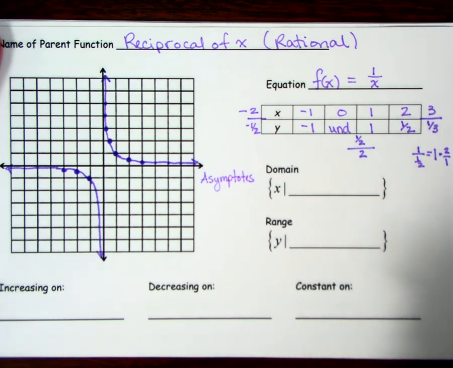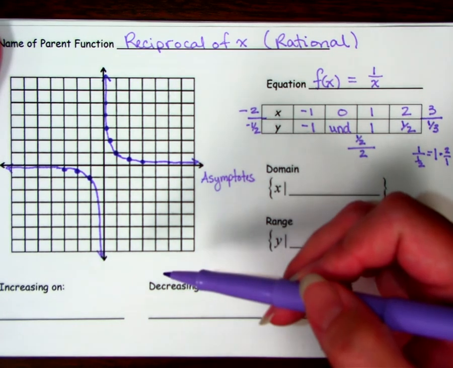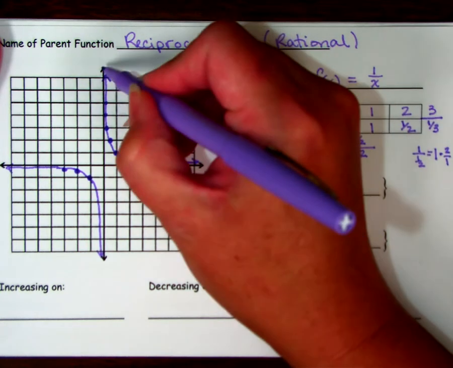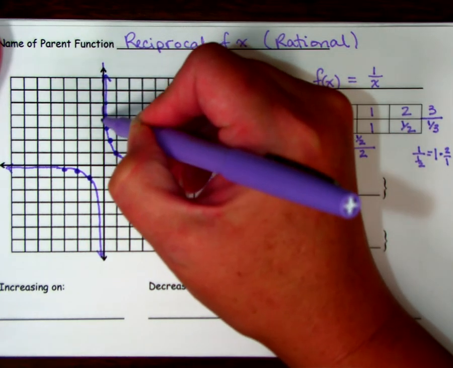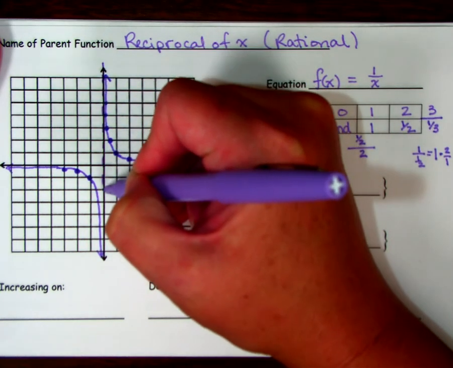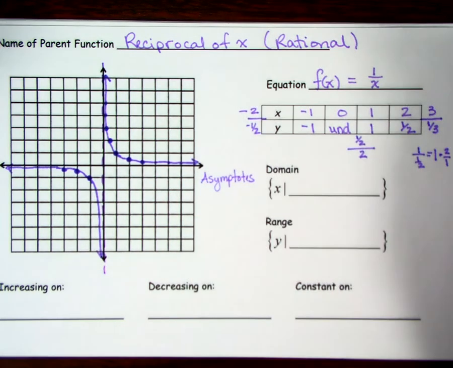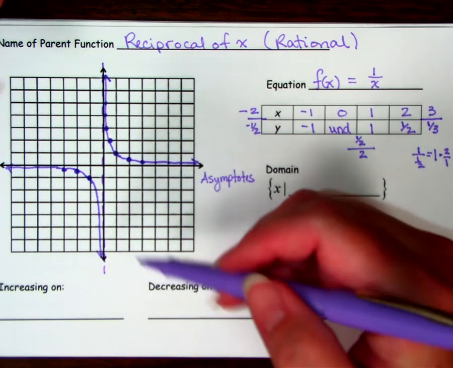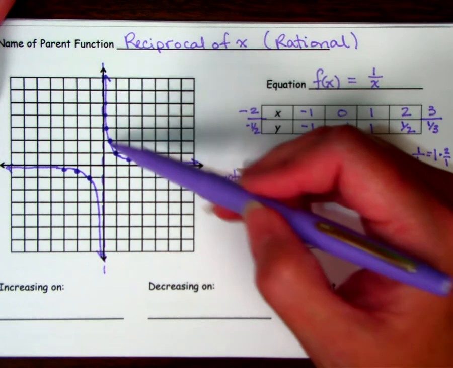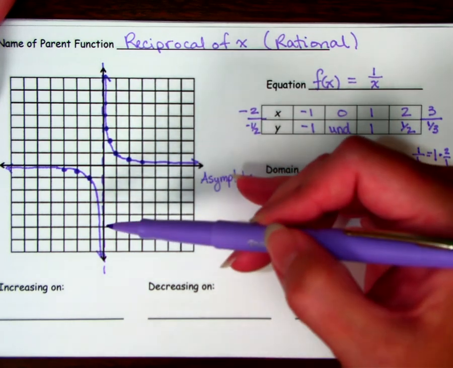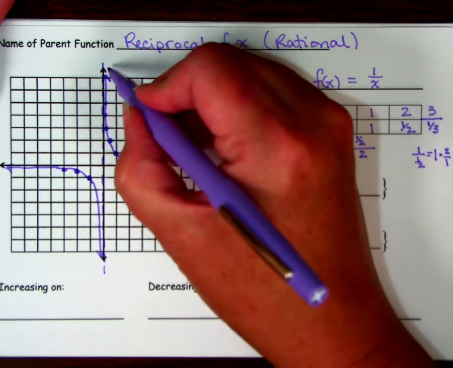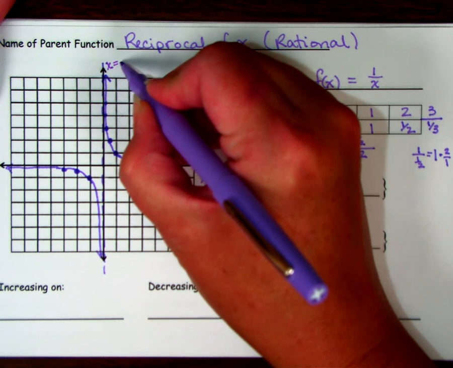Now this one has 2 asymptotes actually. It's got one that's vertical, and that's right here. I'm going to draw it in using a dashed line here. This vertical asymptote is your boundary line telling you what's happening as the x's are getting closer and closer to 0. The equation of that asymptote is x equals 0.